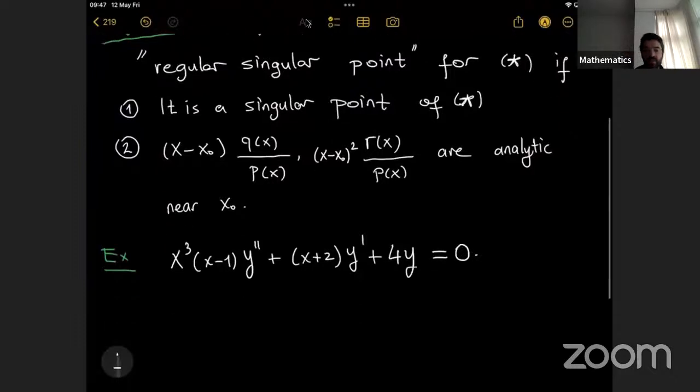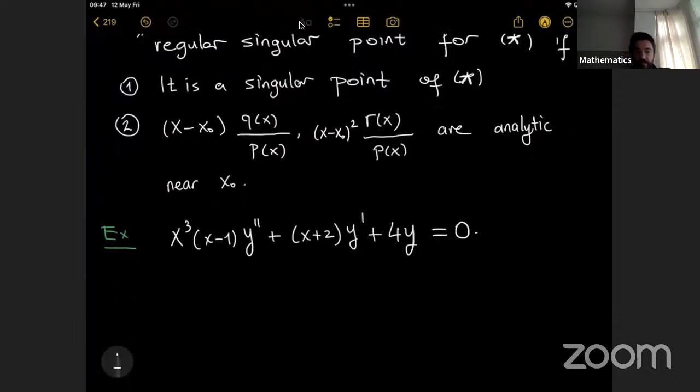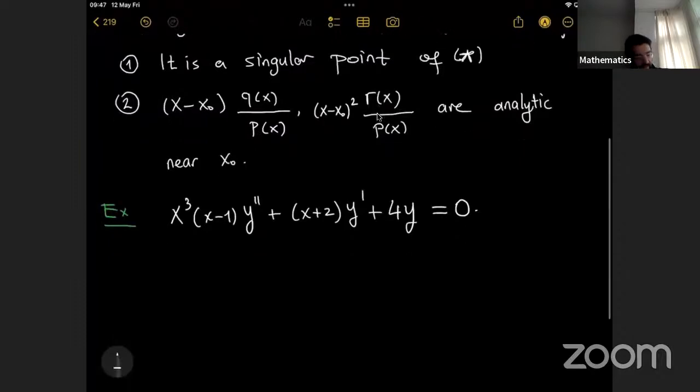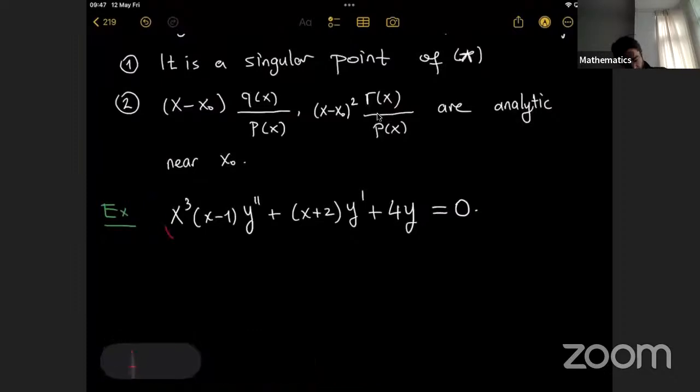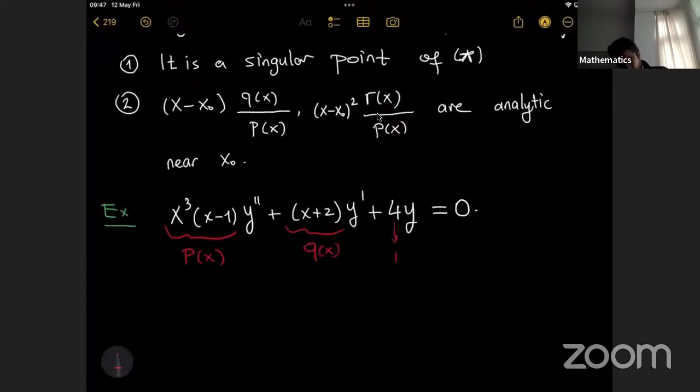So let's check out the singular points here. In that case, this is p of x. Here is q of x. And 4 is r of x.